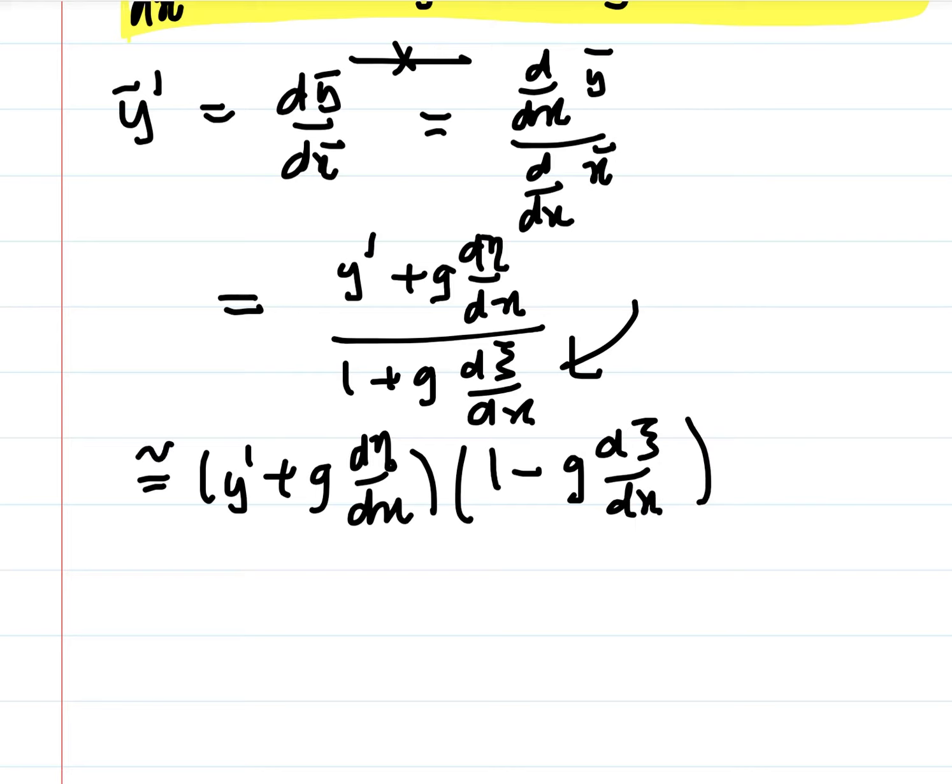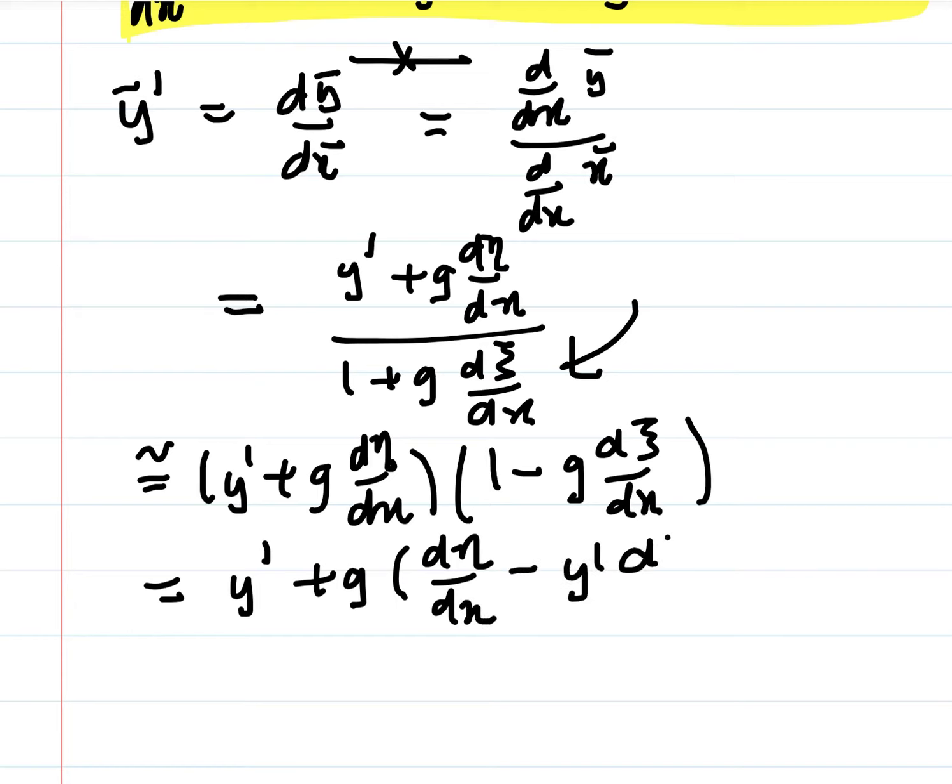So this equals that. And when I do this multiplication, I get y dashed plus g into d eta dx minus y dashed d xi dx.